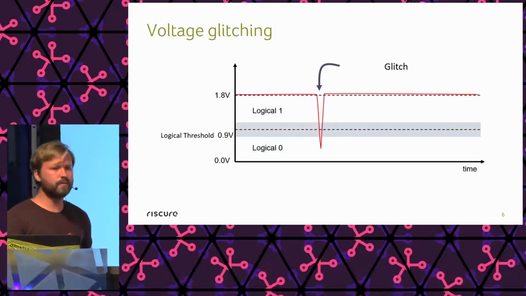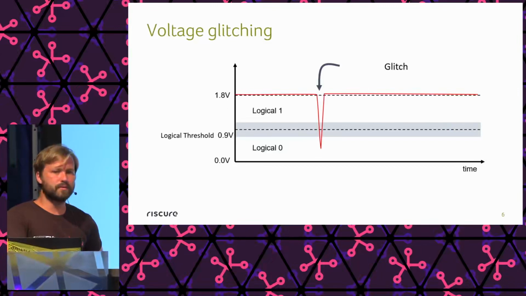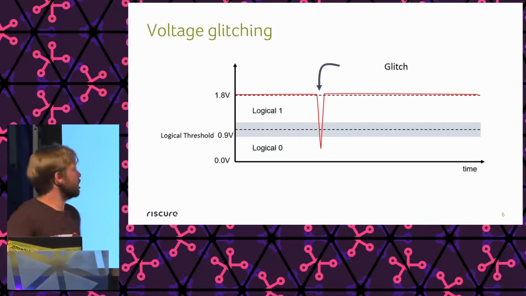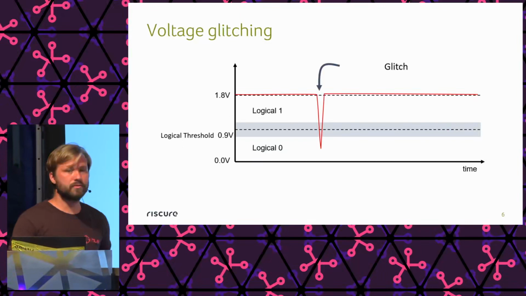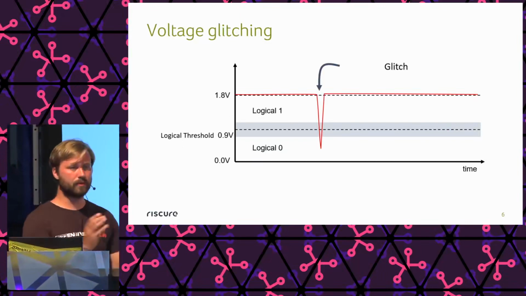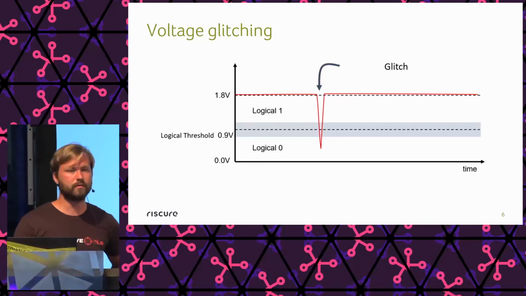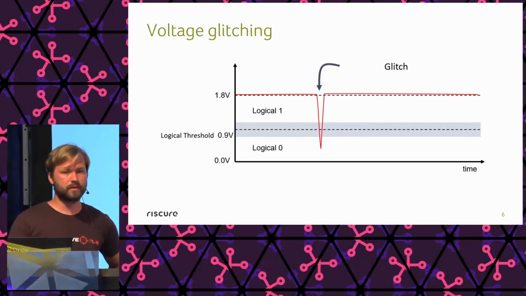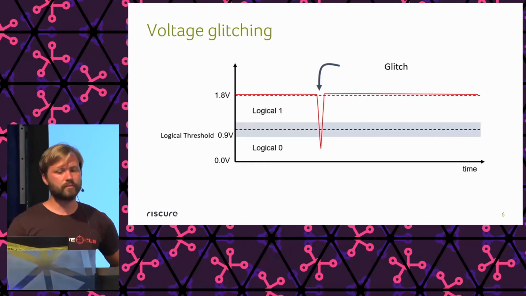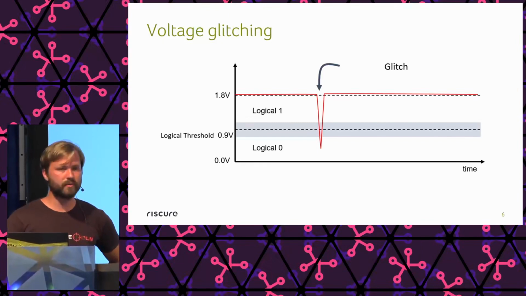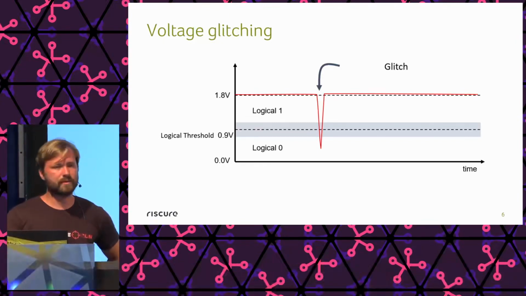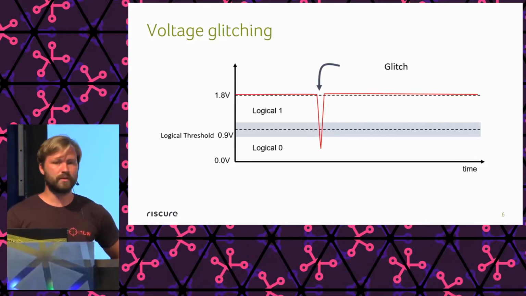Just to give a bit more intuition of why this is happening: you have your device, and you introduce voltage glitching. You have your chip, and you know it's supposed to run at 1.8 volts. That's what your vendor tells you. In the data sheet, it will say it should be 1.8 volts, maybe 10% tolerance, but after that the device is not supposed to operate in this range.